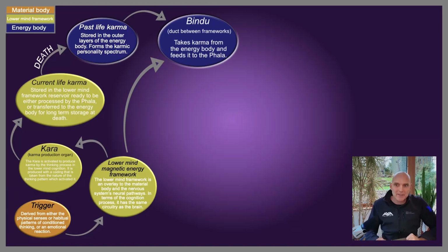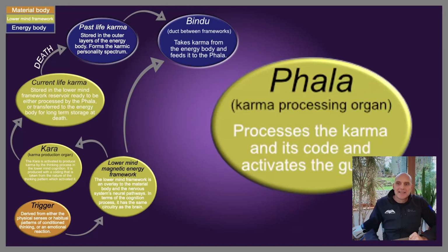So that lower mind thinking process produces karma, but also activates the burning of karma. And it is the phala which is processing that karma. The karma has a programming, a coding, and the coding relates to fear plus exams. That's the programming on that karma.